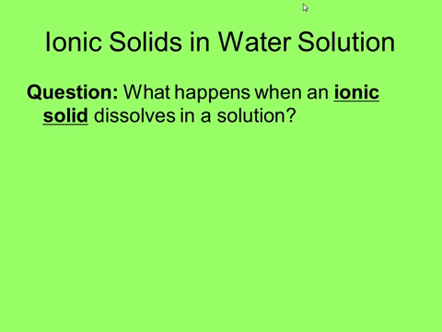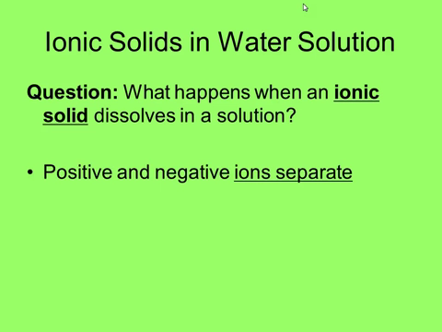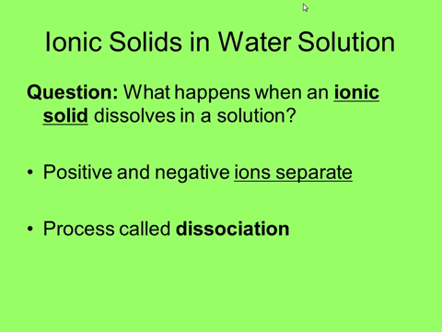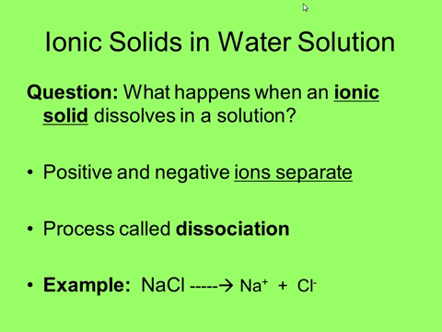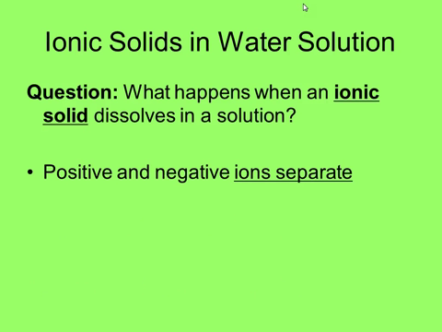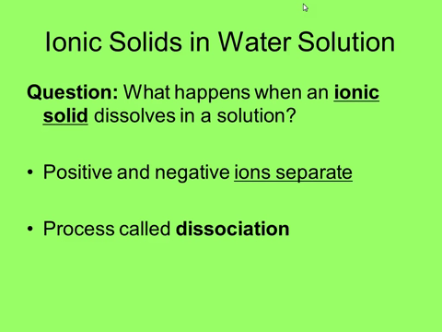Question: what happens when an ionic solid dissolves in a solution? That's the question we're going to talk about next. Positive and negative ions do what? They separate. The positive and negative ions separate. What is the name for that? It is called dissociation.